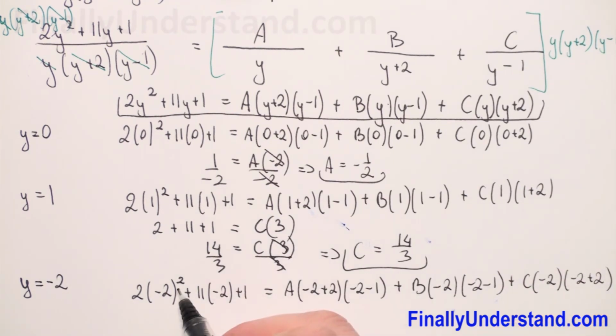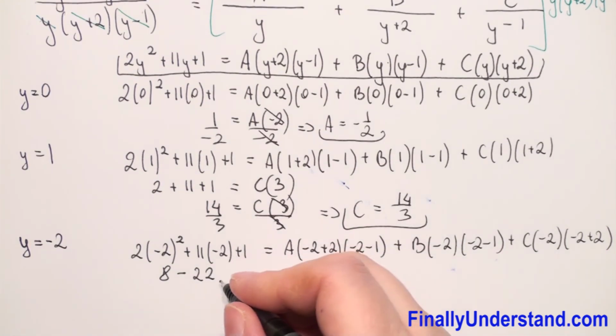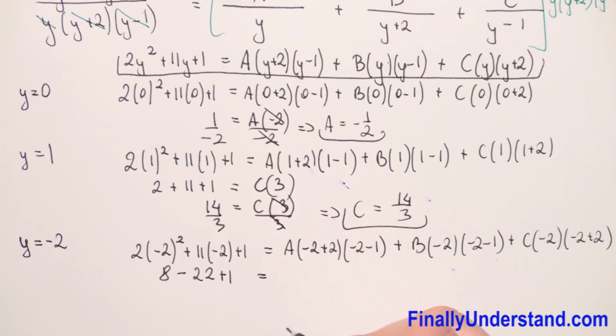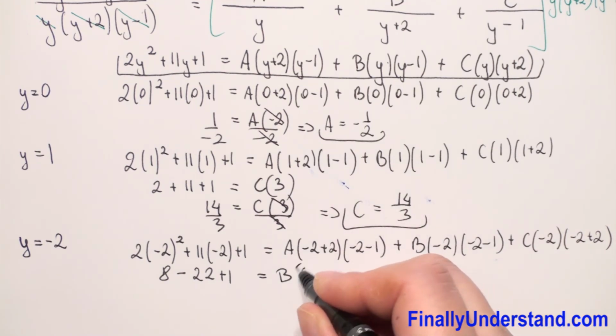So we have negative 2 to second power is 4, 2 times 4 is 8. Positive times negative give me negative. 11 times 2, 22 plus 1. So this is equal, like I said, negative 2 and 2 give me 0. So this whole will be 0. And the last term will be 0. So we will have only b times negative 2, negative 1 is negative 3 times negative 2 is 6.